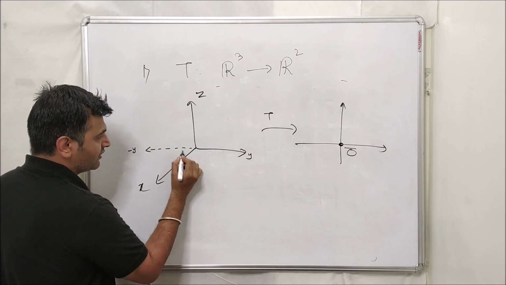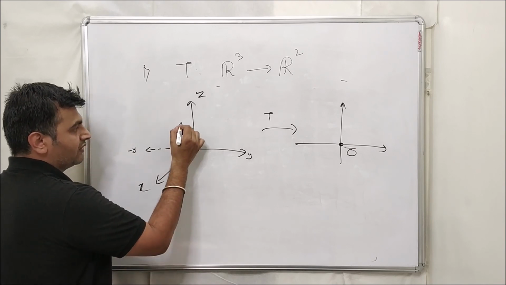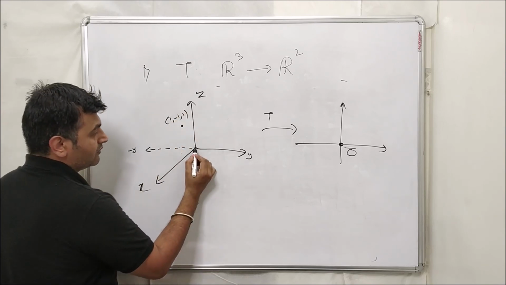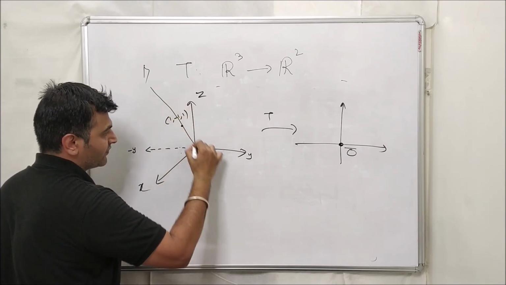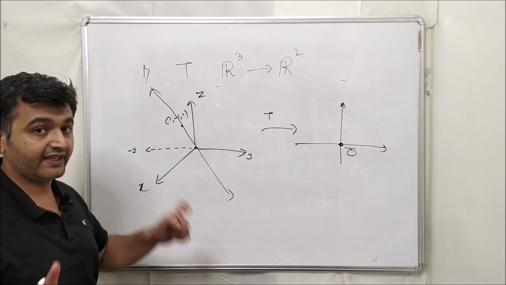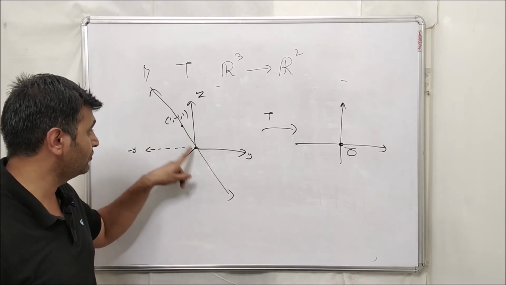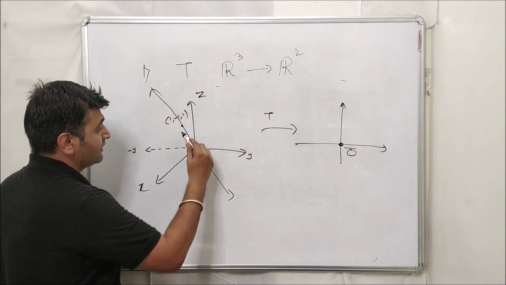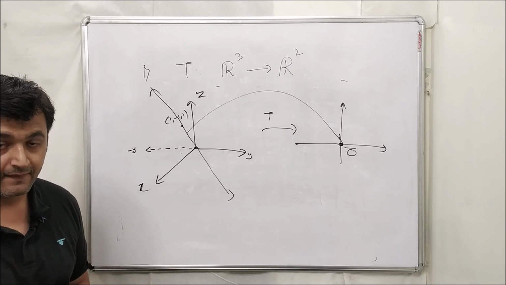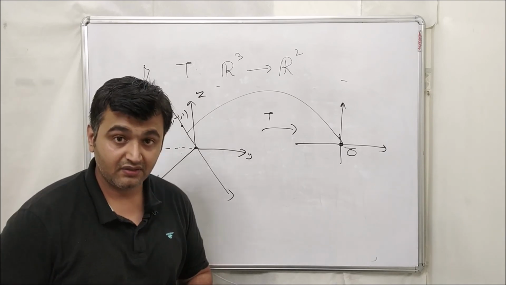So 1 is over here, minus 1 is over here, and you take 1. So this is the point (1, -1, 1), and it's a line passing through this. You take any vector on this line, the line passing through (0, 0, 0) and (1, -1, 1), and all these vectors will go to the 0 vector. So that's how you find the kernel.